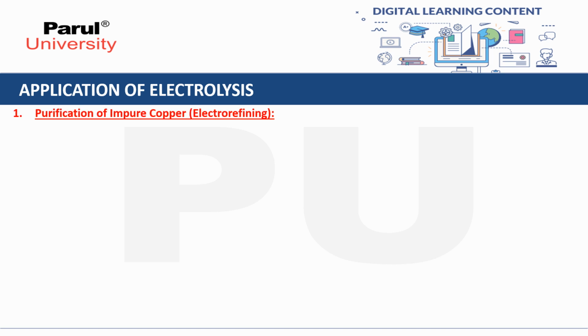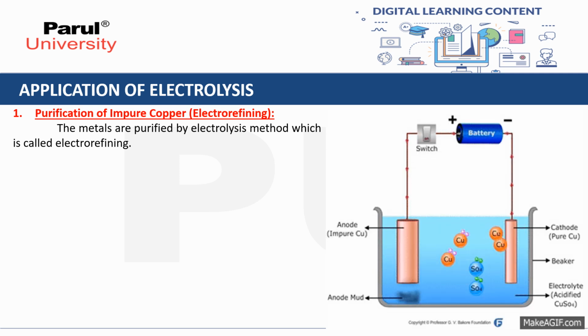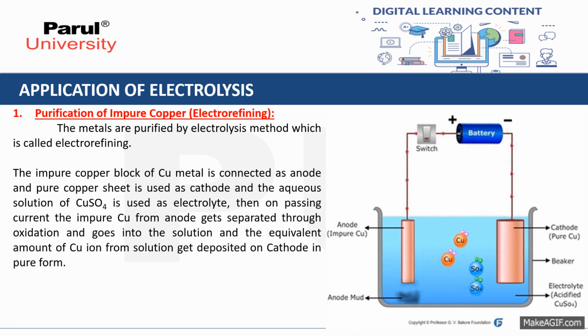Applications of electrolysis. Electrolysis is used in the purification of impure copper, which is also known as electrorefining. In this process, metals are purified by the electrolysis method, as shown in the animation.